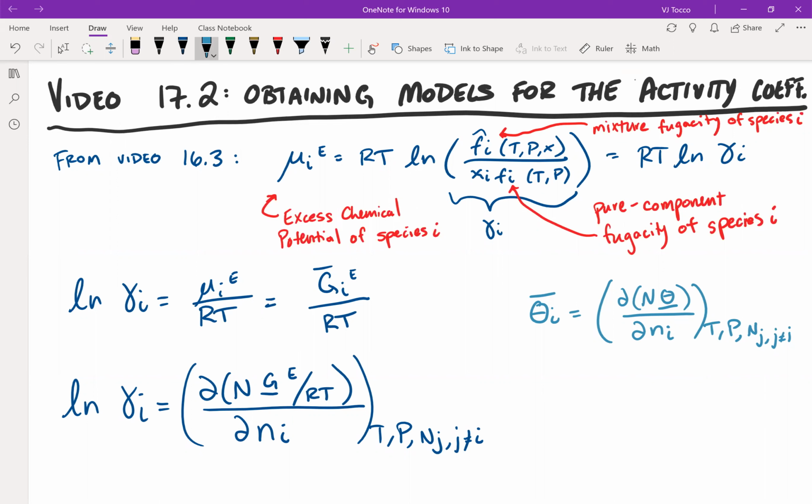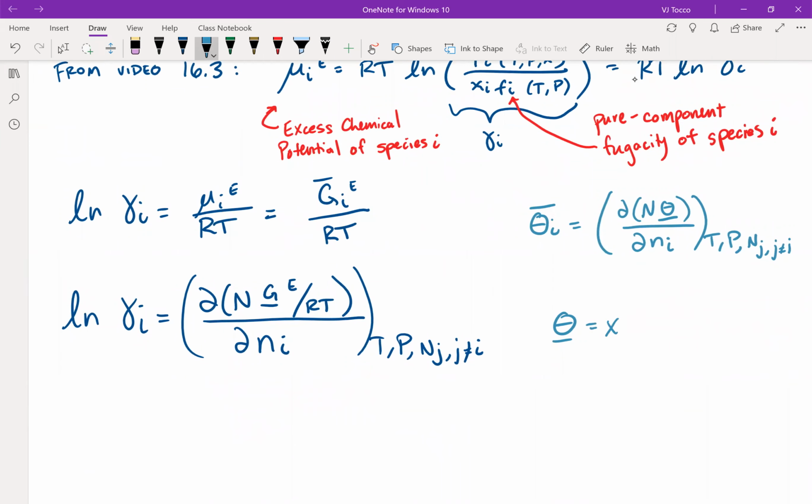Also remember from class 11, I had this summability relationship for any molar property theta. I can write that as the sum of x i partial molar theta i. Oh, for a binary mixture, let's say it's 1 and 2. All right, so x1 partial molar theta 1 plus x2 partial molar theta 2.